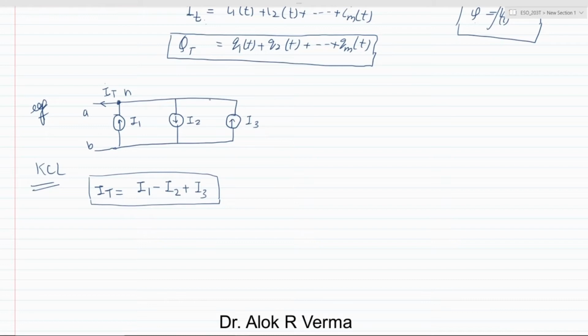Voltage will not drop because there is no branch element connected to this, so all this line is the same node. At the same node, the currents I1 and I3 are entering, and IT and I2 are leaving. Therefore, after applying the KCL we can write this equation. That is known as the KCL.